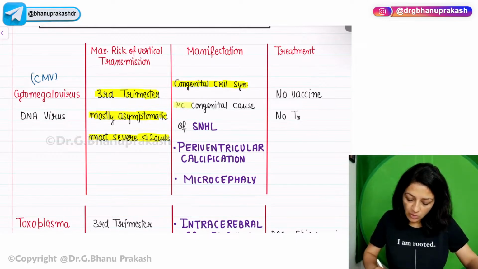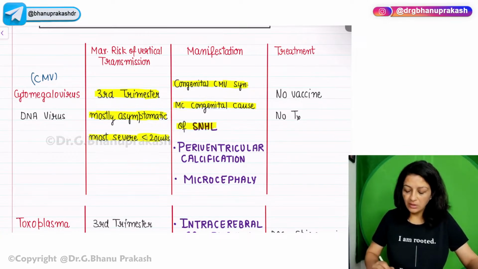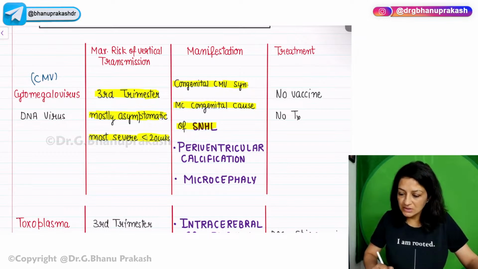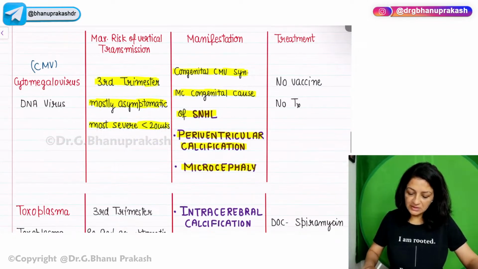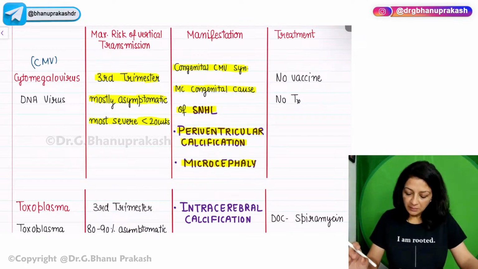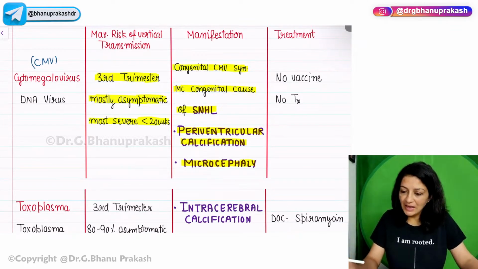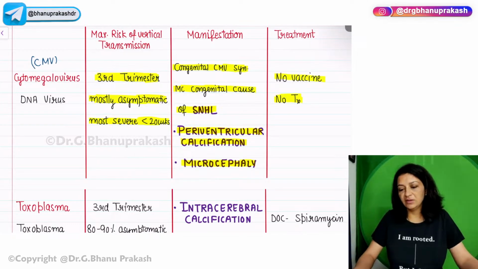And this one is the most common congenital cause of sensorineural hearing loss, SNHL, and periventricular calcifications and microcephaly. Just remember the 3 points: SNHL, periventricular calcification, and microcephaly. And there is no vaccination and no treatment for CMV in pregnancy.